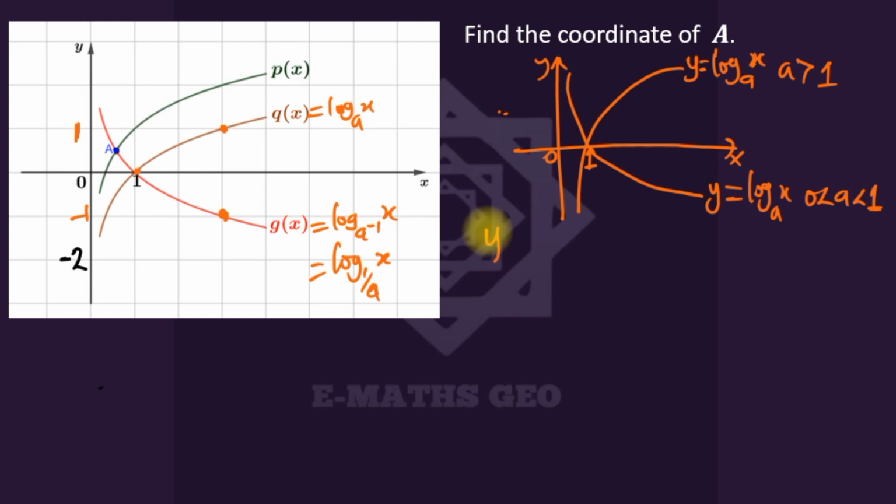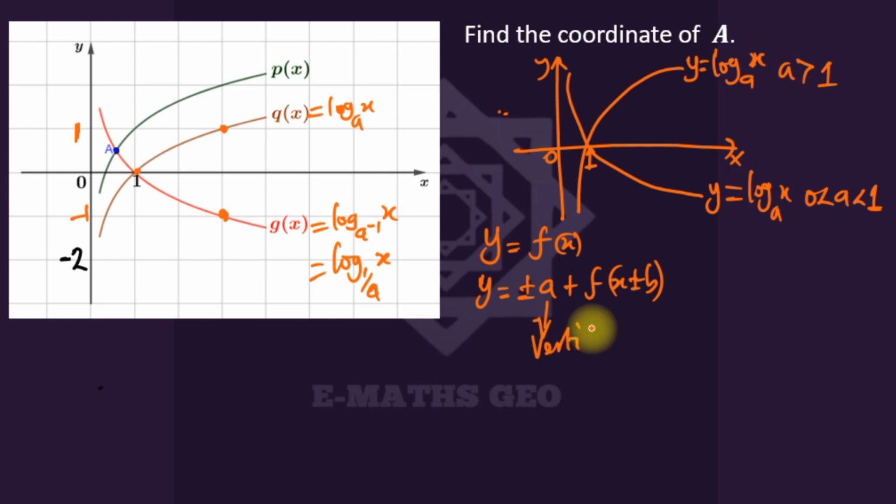So coming here, there's what we call transformation. If you have a graph y equals f of x, and I have another graph y equals plus or minus a plus f of x plus or minus b, meaning that we get this second one from the first one by shifting vertically.